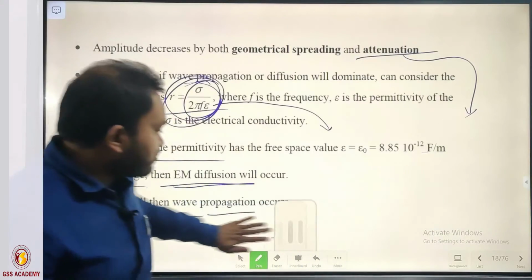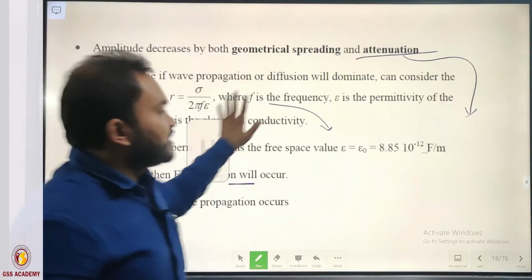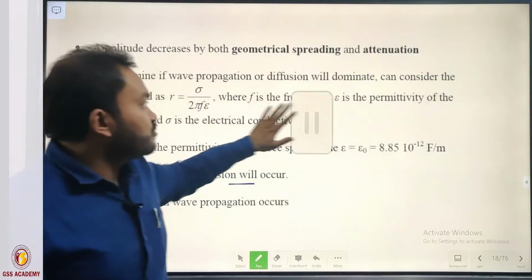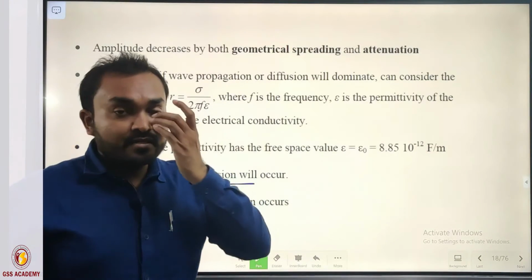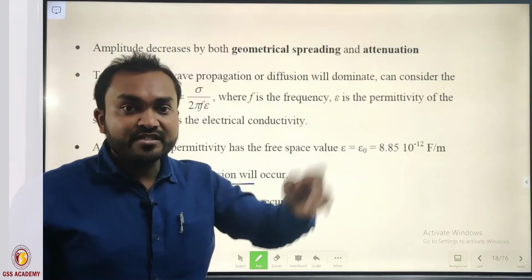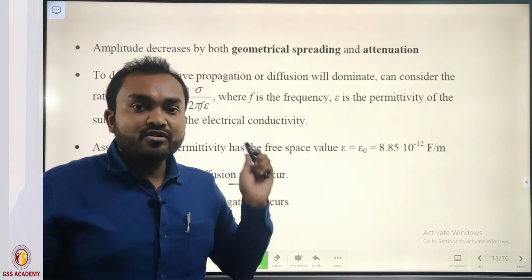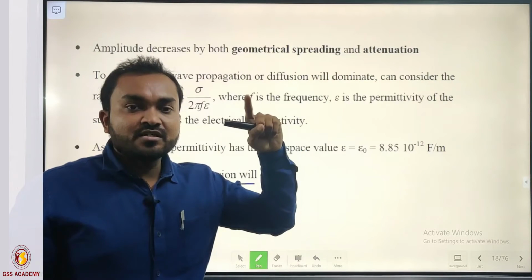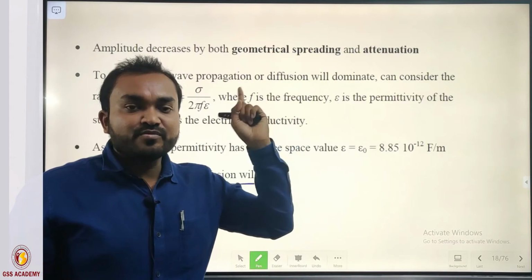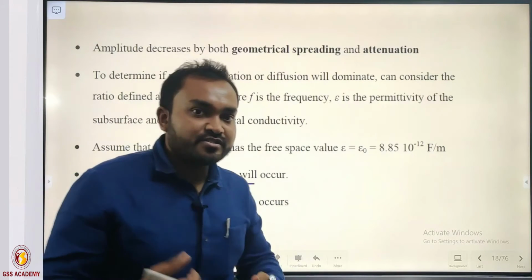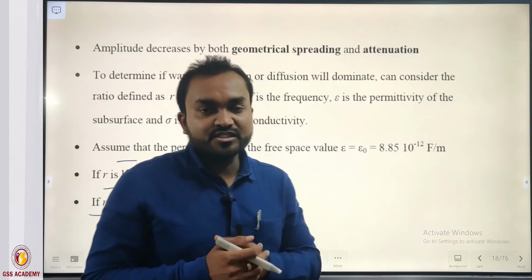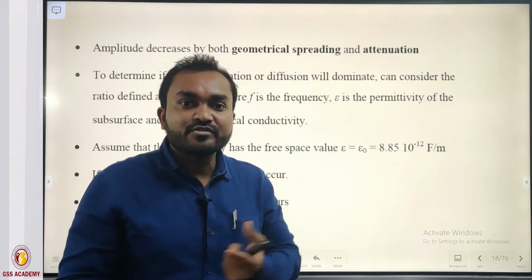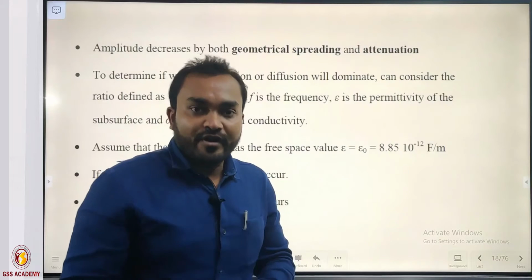So this is the concept of wave propagation and diffusion. In the case of wave propagation, you have seen that geometrical spreading was the factor for decreasing amplitude. Here, in diffusion, the factors are skin depth, geometrical spreading and heat energy, and skin depth depends on your frequency and your conductivity.